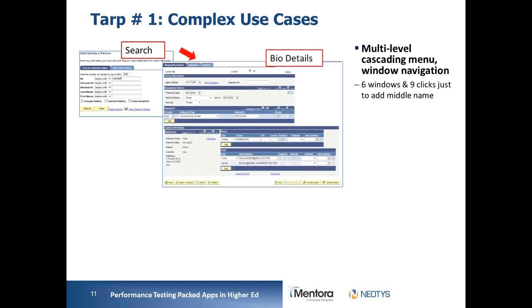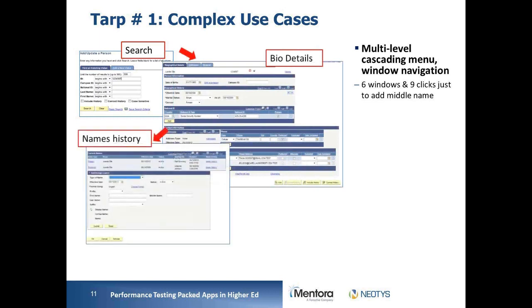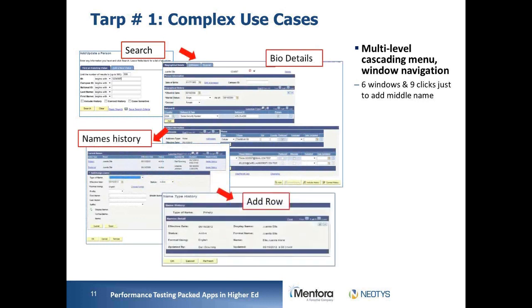I then go to another screen that gives the details. I get the names history if I'm going to add a row to change a middle name, and so forth. And it's multiple windows, lots of clicks just to correct my middle name or make some other biographical change.